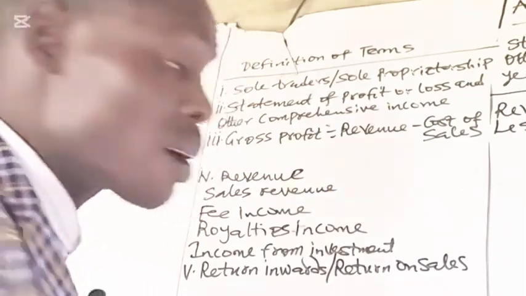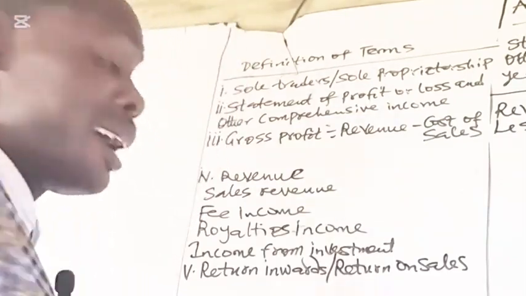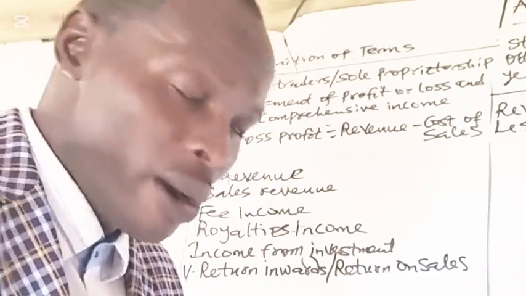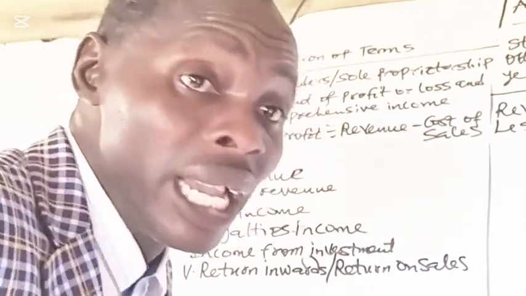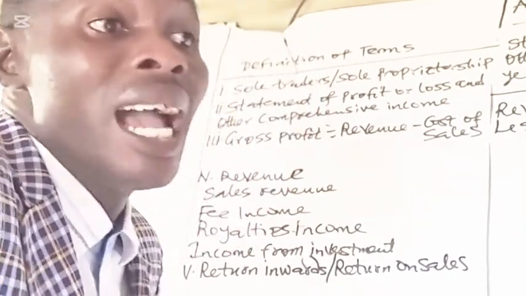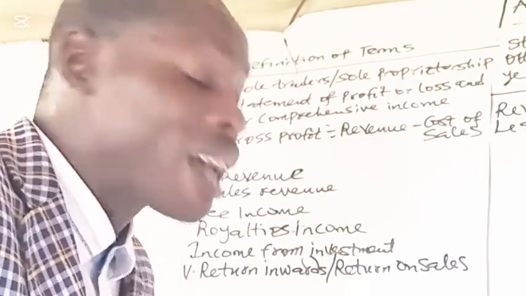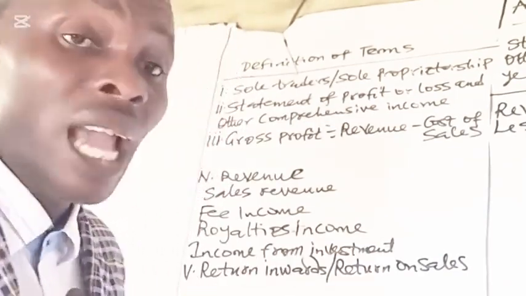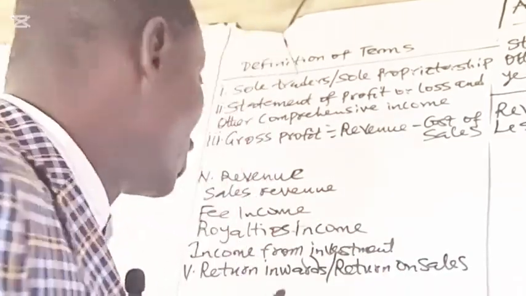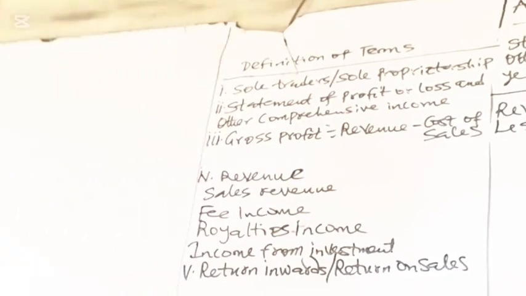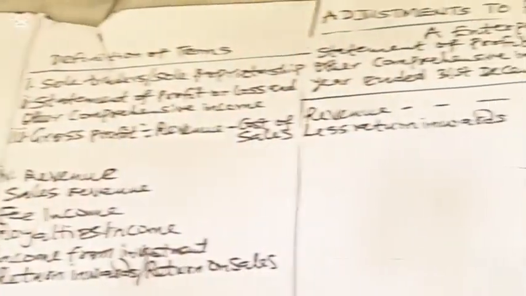Remember that goods have been recorded as sales. They have formed part of your revenue. But when the customer returns them back to you, that means you didn't sell them again. It is wrong to still have it as revenue when such goods have been returned to you. Therefore, the goods returned by customers to you is known as return inwards or return on sales.